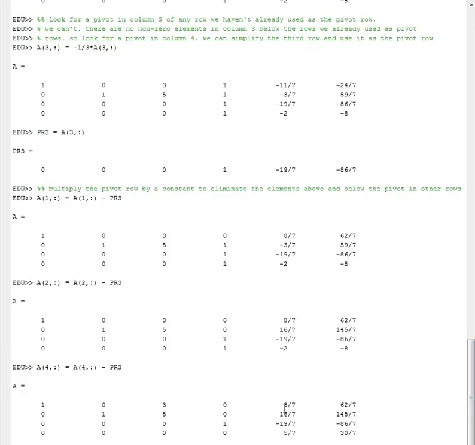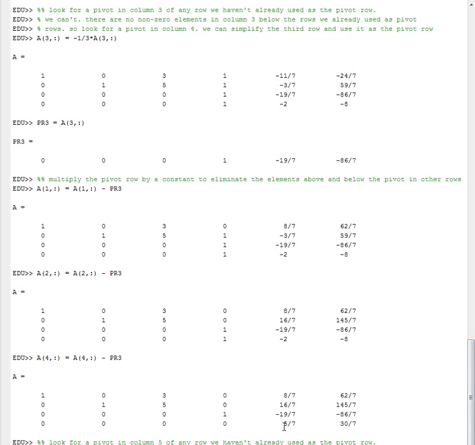At row 5, we're going to look for a pivot. And there's really not much choice we have left because we used up all the other rows. So the last row is going to be our pivot row. And there is a potential for a pivot because this entry here is non-zero. So like we've been doing, we divide this entire row, what little entries it has left, by the leading term of 5/7.